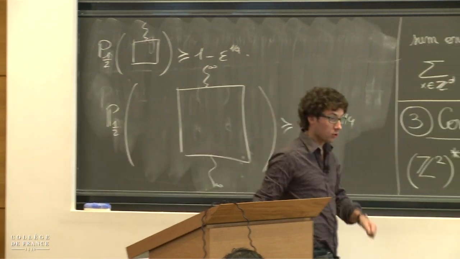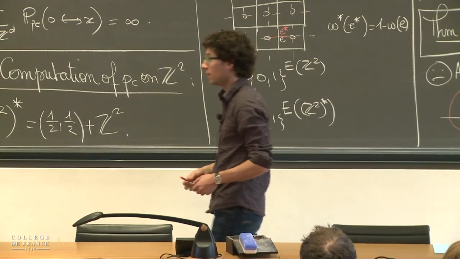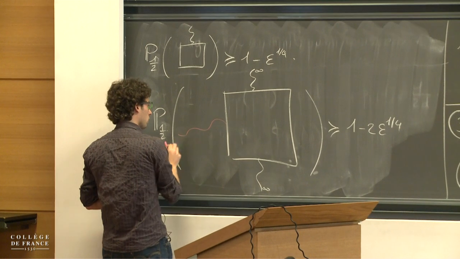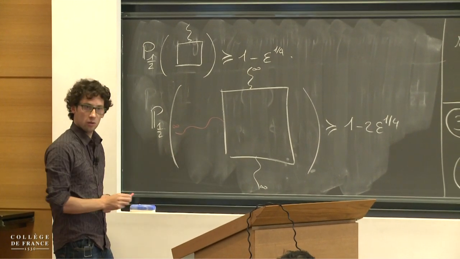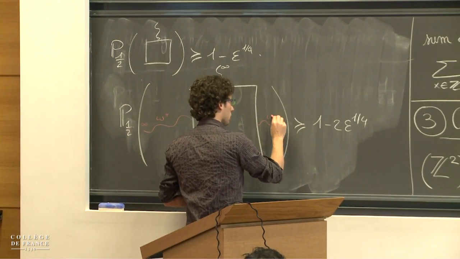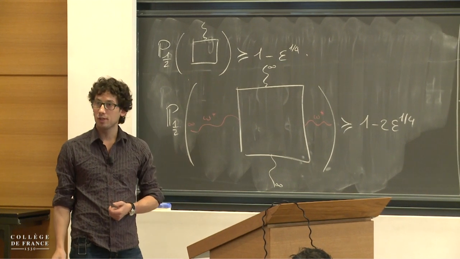In the dual model, I also have this property. The dual model is the same as the primal model. So the probability that this point is connected to infinity in the dual model, and this one connected to infinity in the dual model, well, this is also probability (1 minus 2 epsilon) to the 1/4.